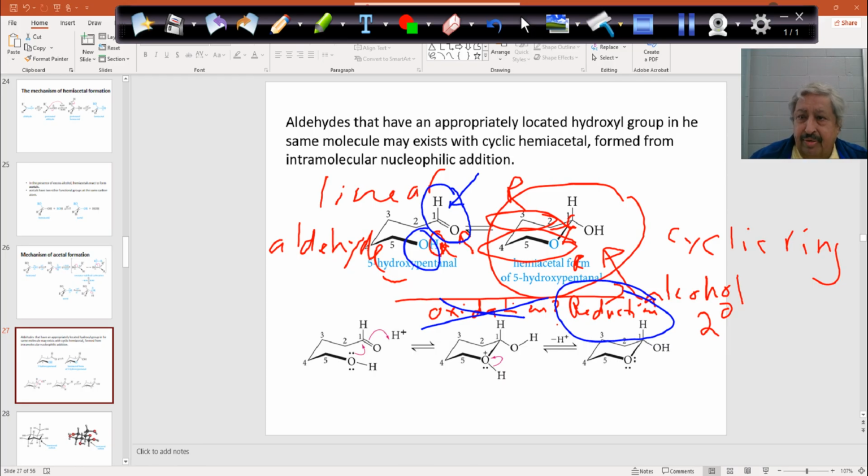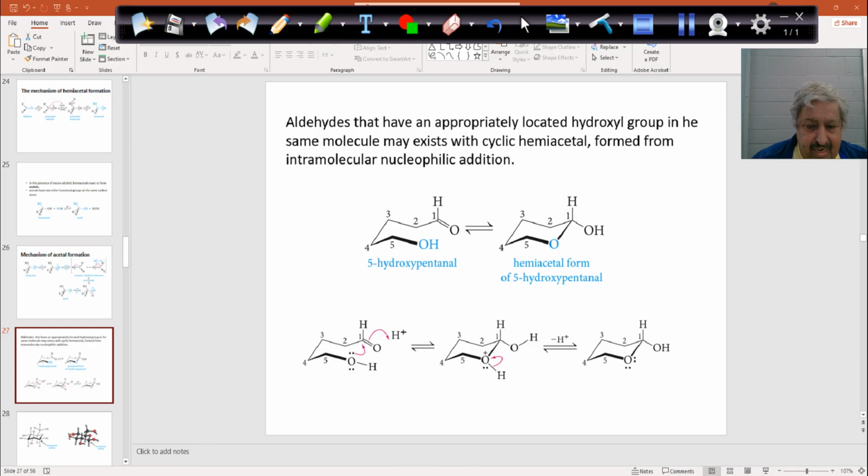that's an example here. How does the mechanism work? The oxygen is the nucleophile, the partial negative, and it will come and attack the carbon that carries the H and the oxygen. So you connect them here, and then the ring will close up, and the hydrogen goes out. So this one goes out, and then this one comes in, and you get the ring.